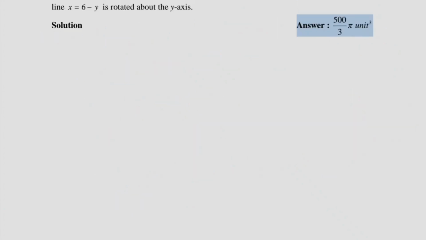And you're done. Now for exercise 5, I want you to try it out yourself. Try to highlight. Okay. Find the volume of the solid generated when the region bounded by the curve and the line is rotated about the y-axis. So this means you have to integrate in terms of, yes, y.